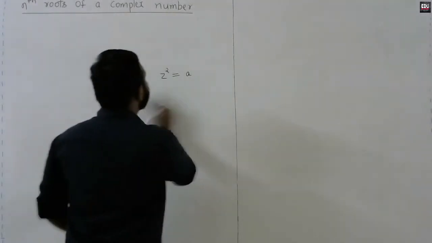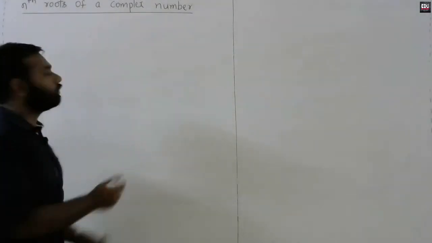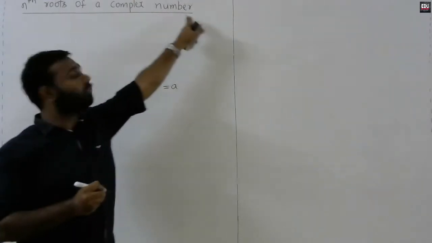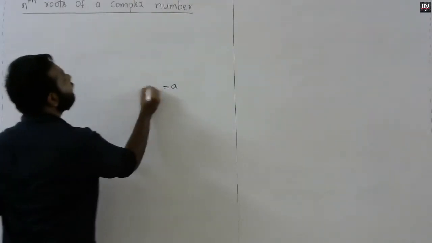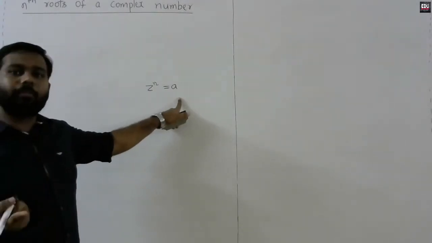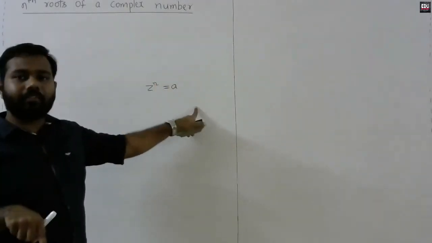So the nth root means it is the same. For any given complex number a, the nth root of that number is a complex number whose nth power is a. Square root means its square has to be the given number.